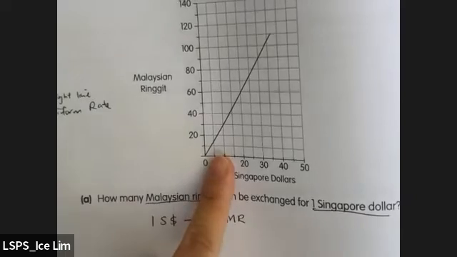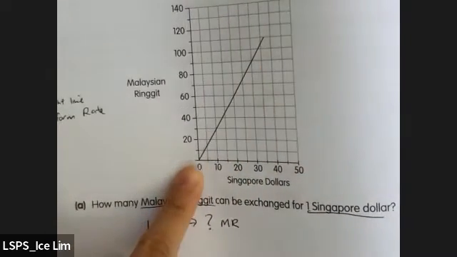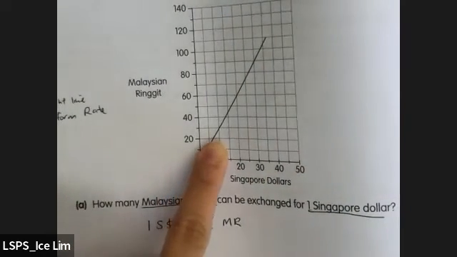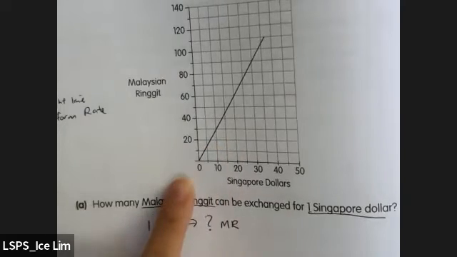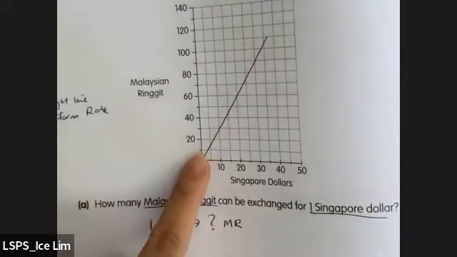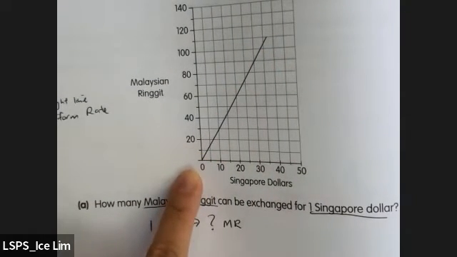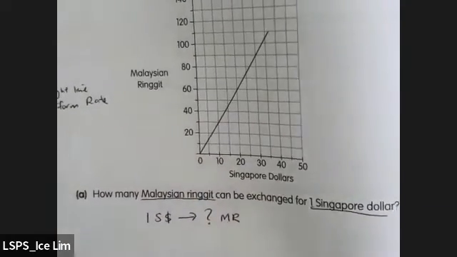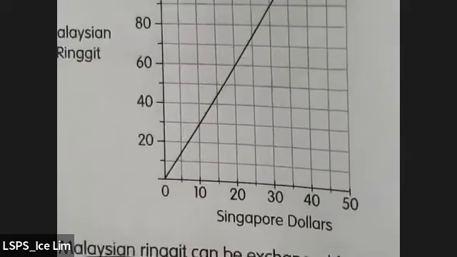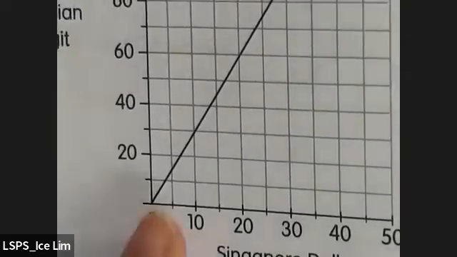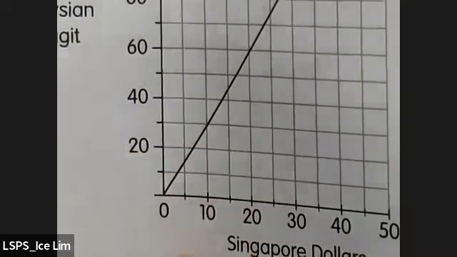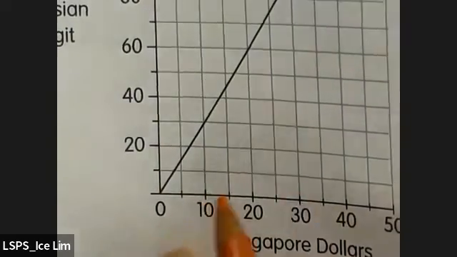So what I want to do is look for nice points. Okay? Nice points on the line to find out. If you look closely, what do I mean by nice points on the line? If I were to choose $10, okay.